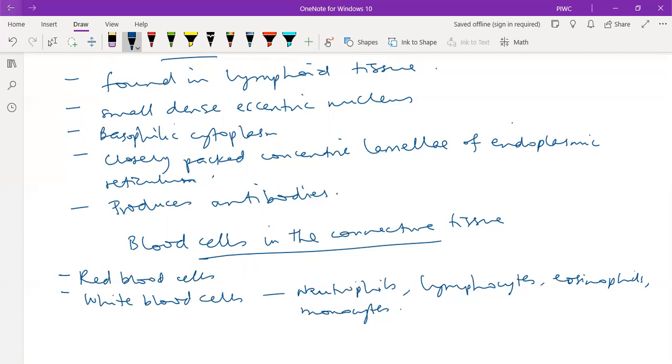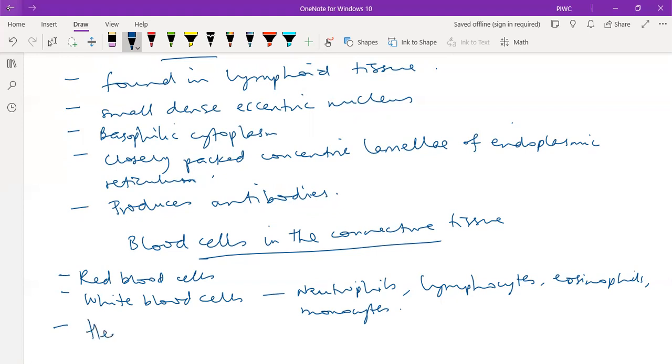Cells which enter the connective tissues from the bloodstream are said to be hematogenous, while those which are formed in the connective tissue are histogenous, right? So those are some words that we also want to make mention of here. Cells that enter the connective tissue from the bloodstream, we refer to them as hematogenous.